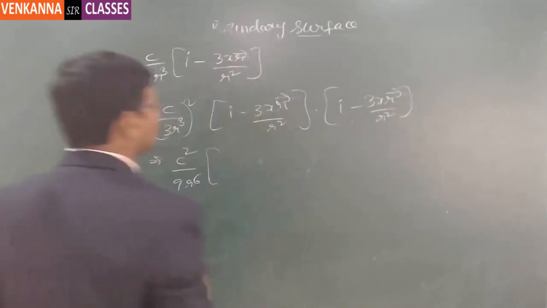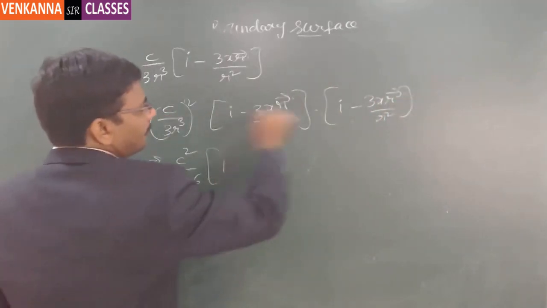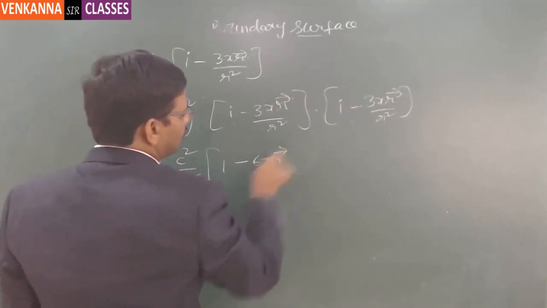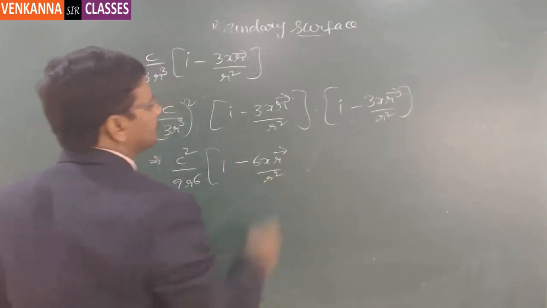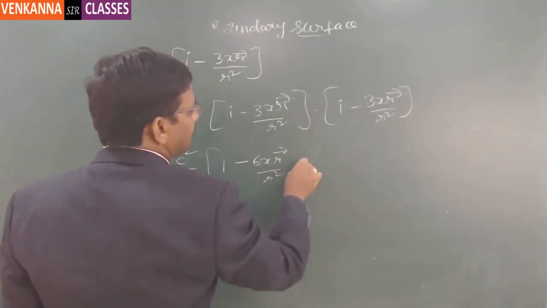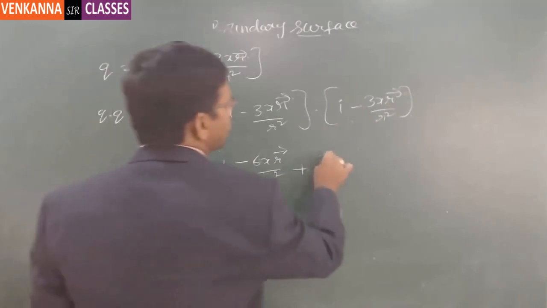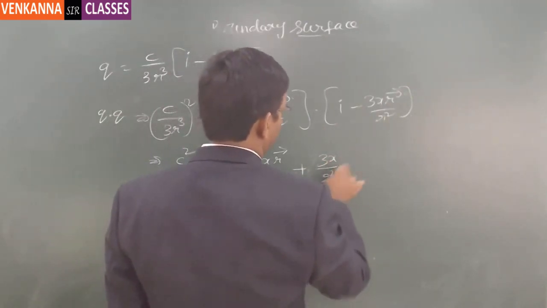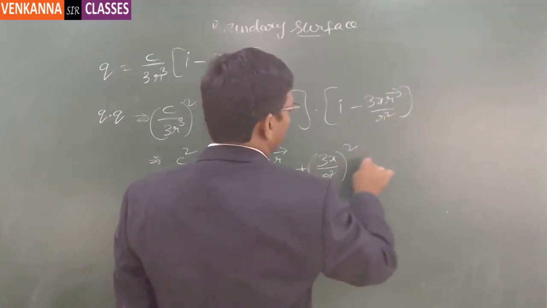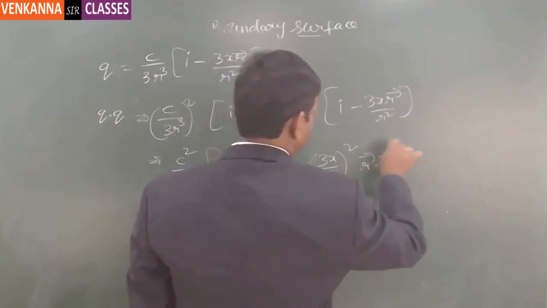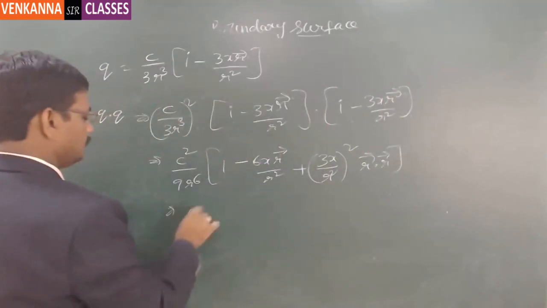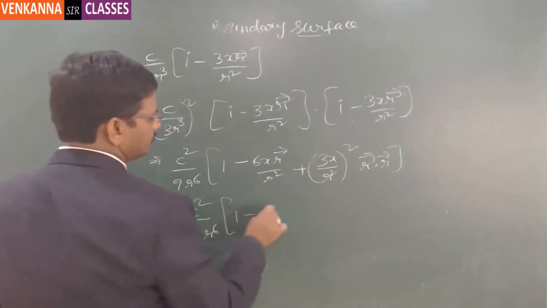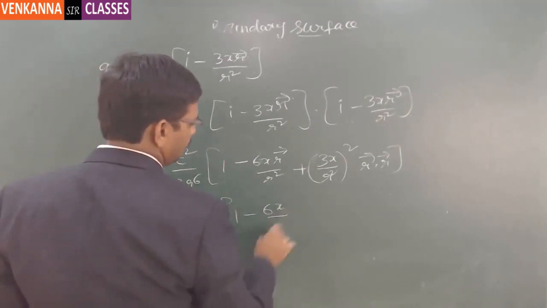Now in the dot product, i dot i is 1, and i dot the other term gives minus 6 x r bar by r square, and then minus minus will be plus, and 3x by r square whole square into r bar dot r bar. So this is c square by 9r power 6 into 1 minus 6x by r square.